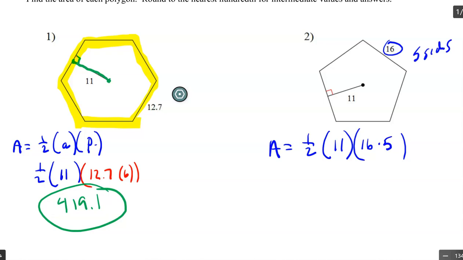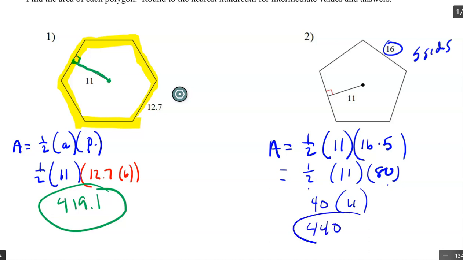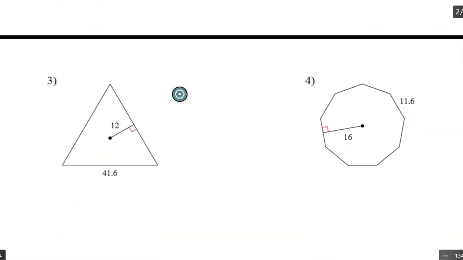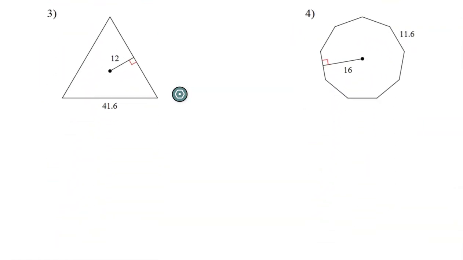So my perimeter here is 50 and 30, that's 80, and I got 11, and I got the 1/2. See if I can do this without the calculator. Half of 80 is 40, and 40 times 11 is 440. So 1 and 2, not too bad. Just pretty much stick it in the formula and keep on going.